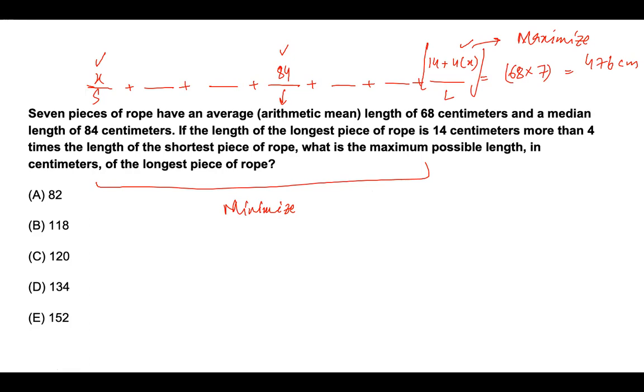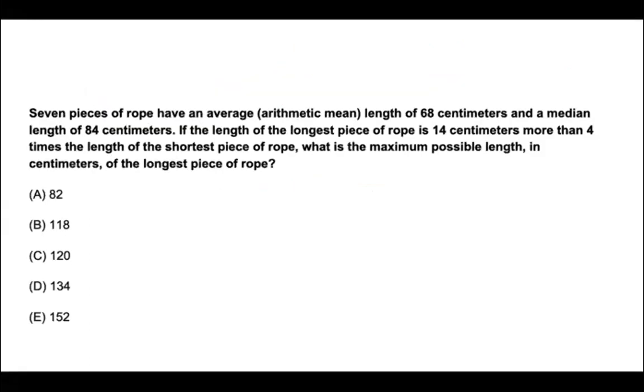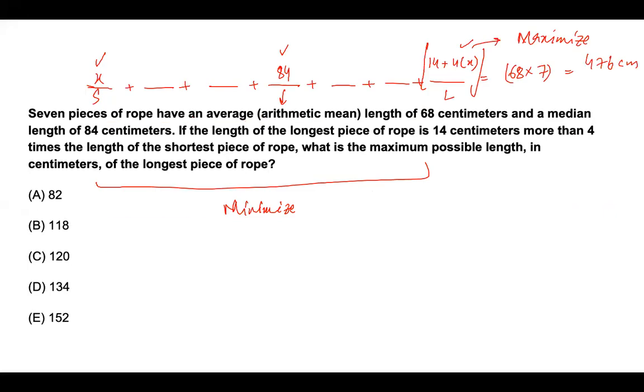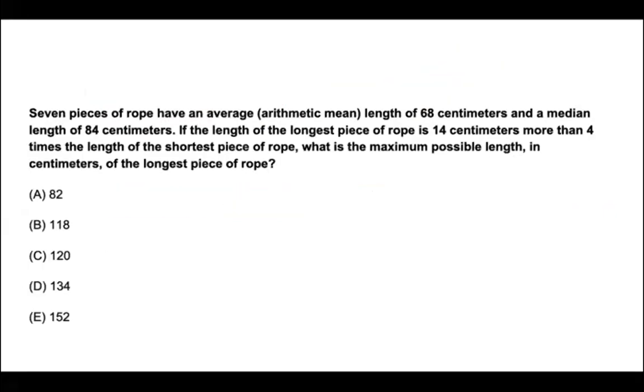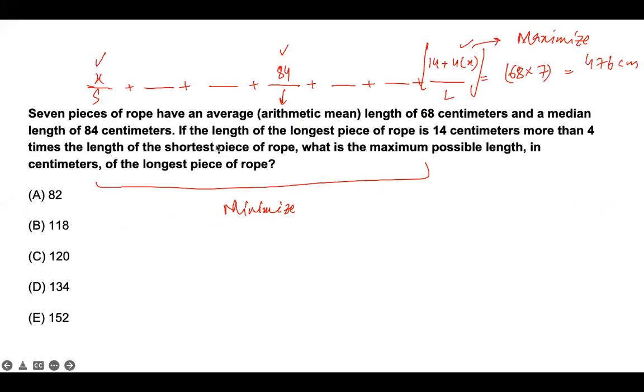So if the first one is x, for the remaining 2 below the median, we need to minimize these 2. What is the minimum possible?